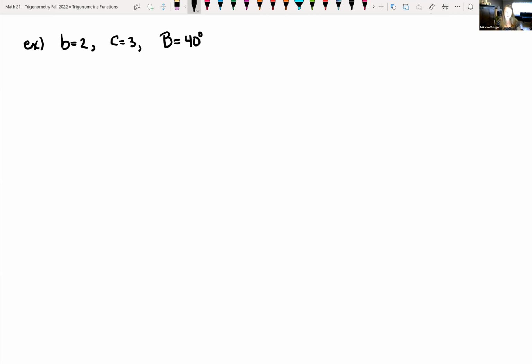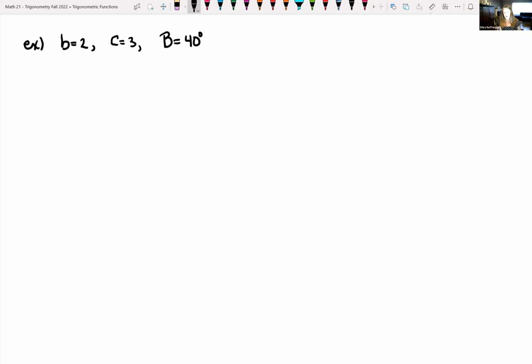And we want to find the remaining side and angle A and angle C. So with what I'm given, I have angle B and the side opposite of that, side B. And I have side C. So I want to find angle C first.